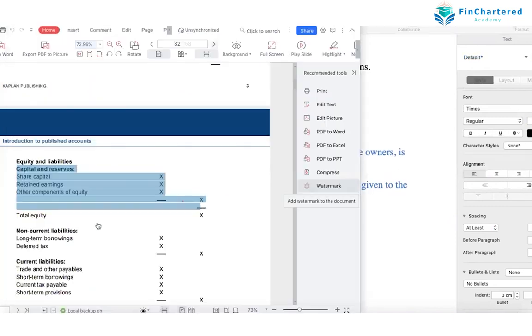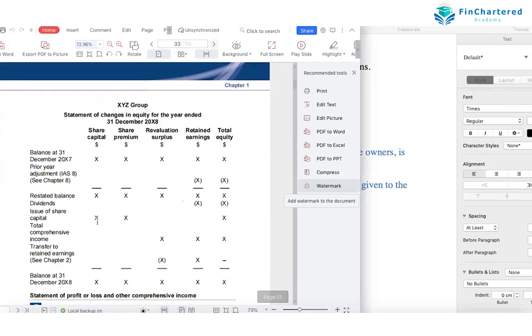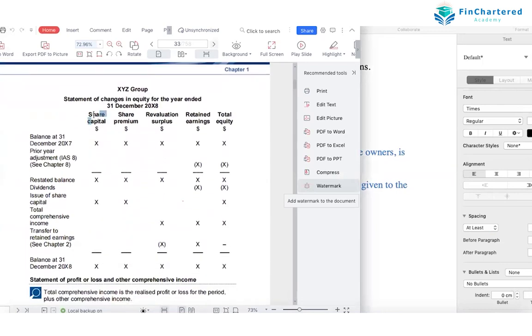Right? And that is why the statement of changes in equity looks like this. Share capital. What was it in the beginning in 2007? Just follow my cursor. And what was it in 2008? And we looked at share premium. What was it in 2007? What was it in 2008? Then we look at revaluation surplus. What was it in 2007?